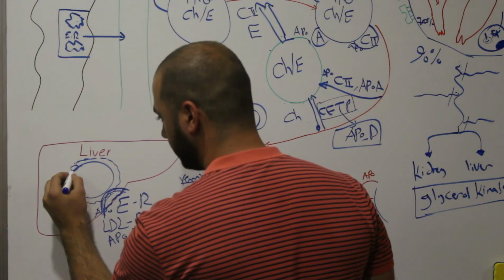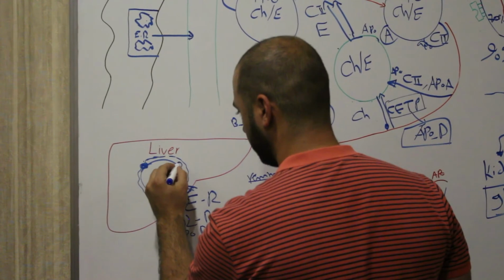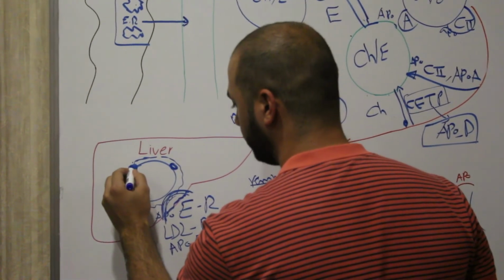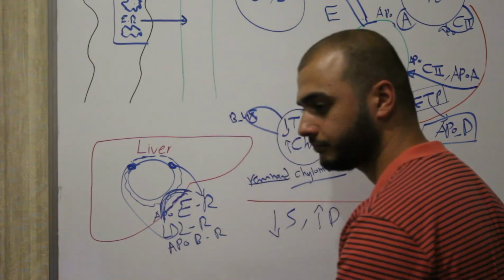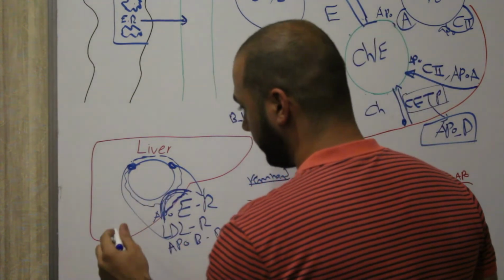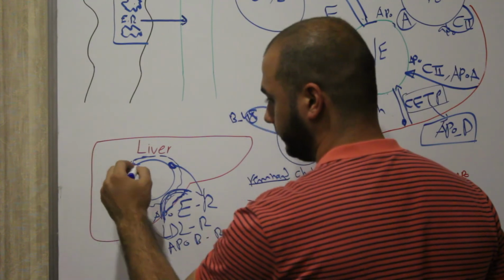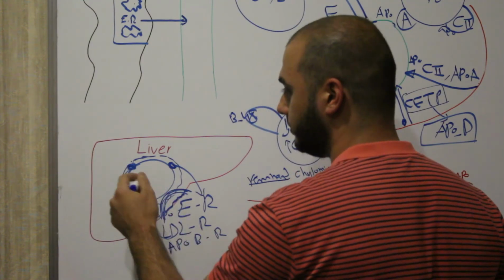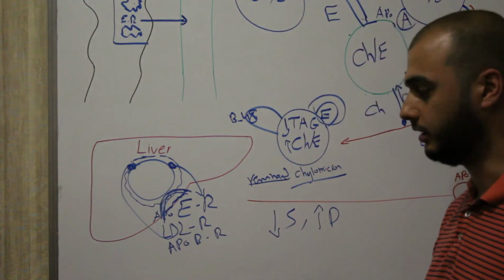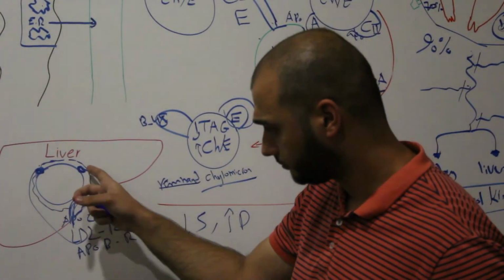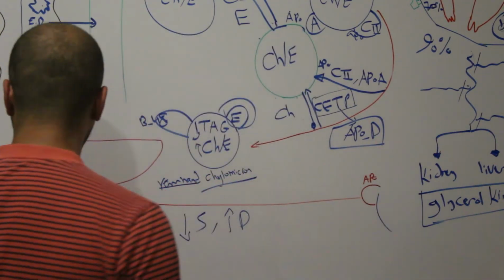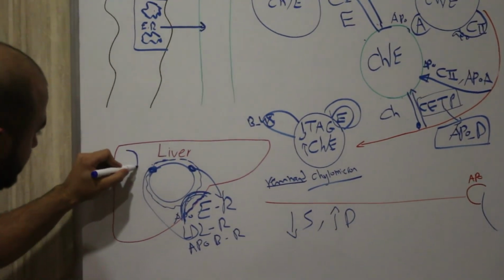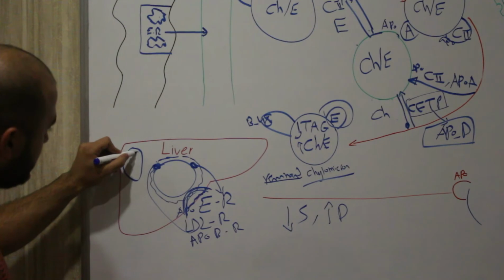There will be directly turning back of apoprotein E and apoprotein B. After that, before fusion of this vesicle with lysosome, and after that there will be fusion with the lysosome.